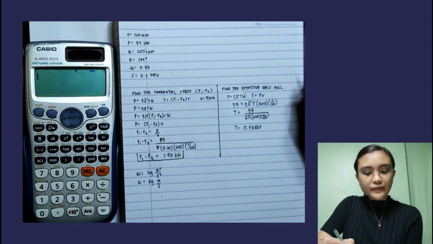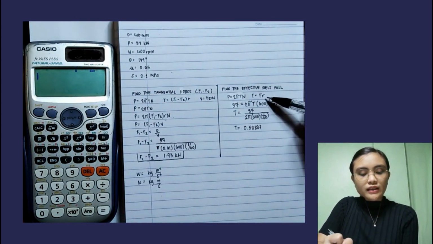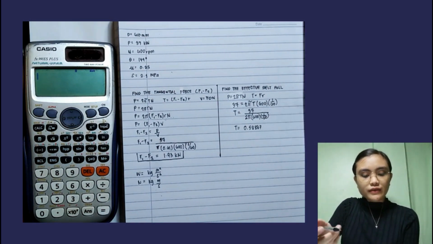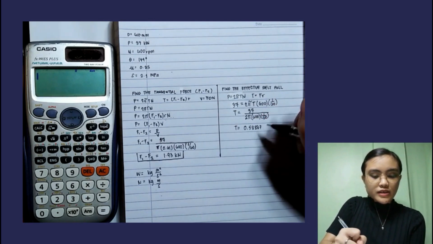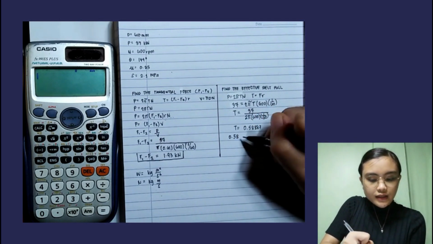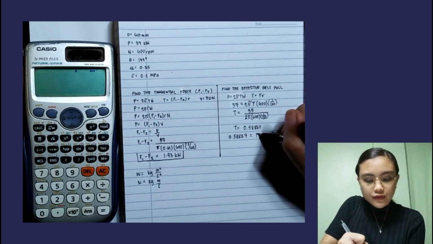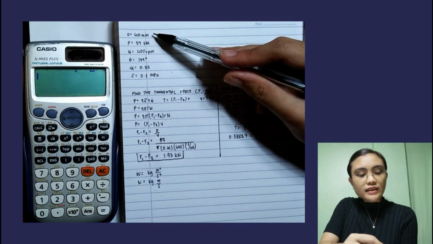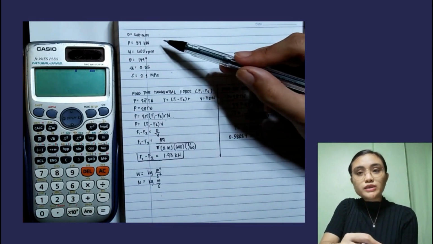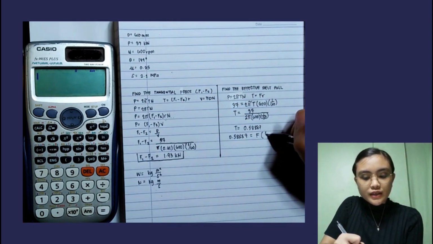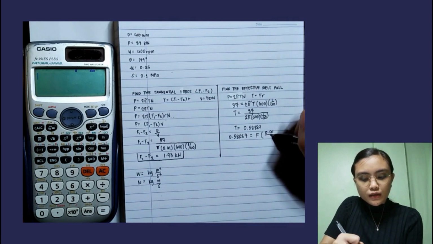So we will substitute this in the torque equation since we already have the value of torque. Now we are going to find F. So just substitute the T. 0.58887 is equal to F times the radius. The radius of this one is just 610 divided by 2, but you would express this in meters, so we'll have 0.61 over 2.